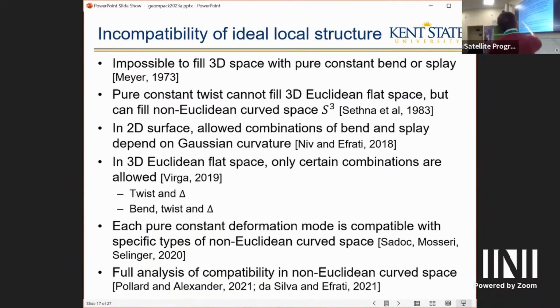But let me emphasize just this work of Virga, who noted that in 3D Euclidean flat space, only certain combinations are allowed that would be homogeneous, uniform everywhere. You can have twist and delta, or bend, twist and delta, and that's all. Other things can happen in non-Euclidean geometry, which maybe I'll talk about next week.